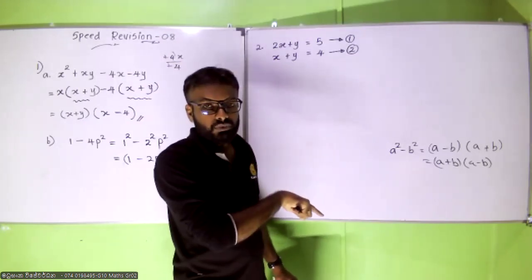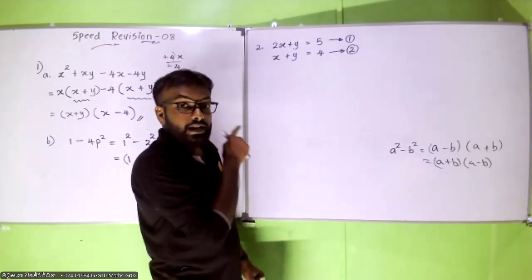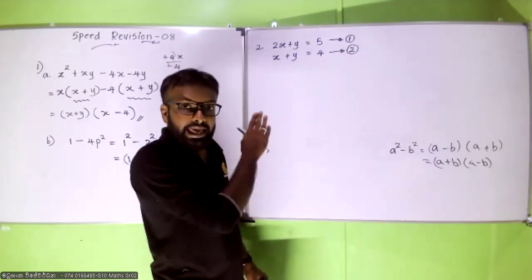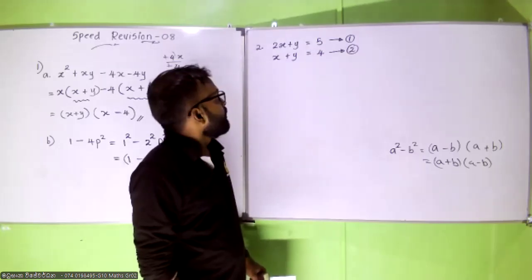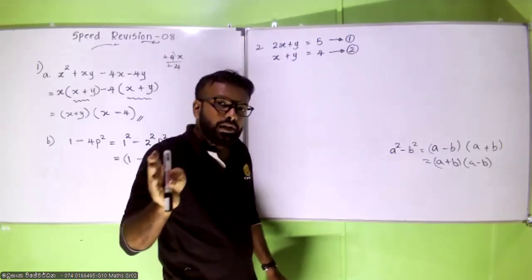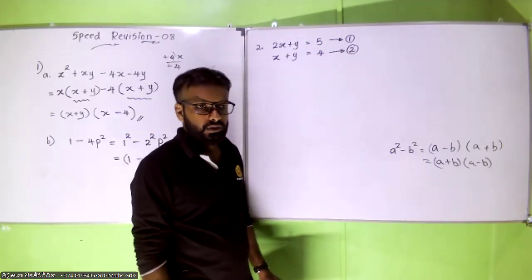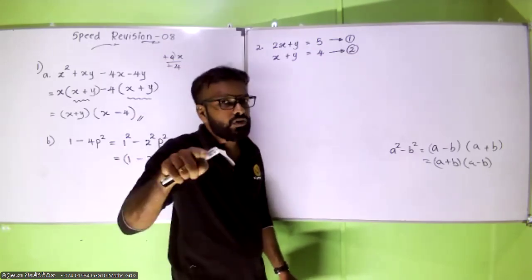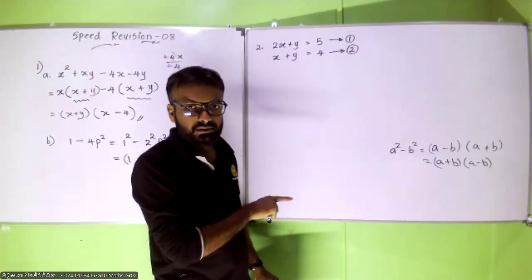term. For example, here you have two algebraic terms, which are x and y. You are going to eliminate either x or y. If you eliminate x, you will get the answer for y. If you eliminate y, you will get the answer for x.